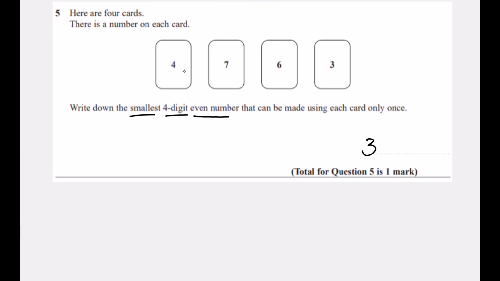Then we'll have our next smallest one, which is the 4 in the hundreds. But we need it to be even, so we can't put 67. We can't put 6 then 7, that'd be odd. So we have to end in the 6. So it's going to be 76. 3,476.